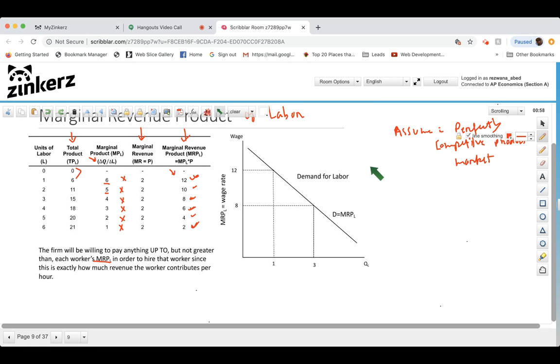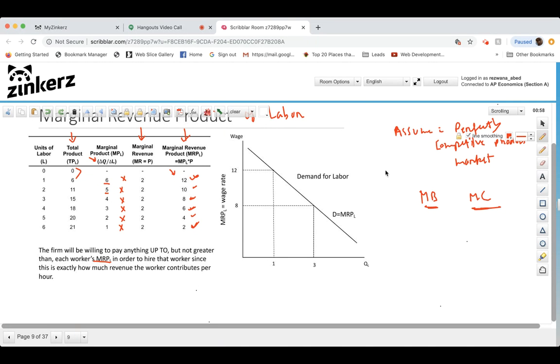So for farms, this is their willingness to pay for labor. For workers, paying them is a cost. So they're going to compare, like we do everywhere in economics, marginal benefit and marginal cost.